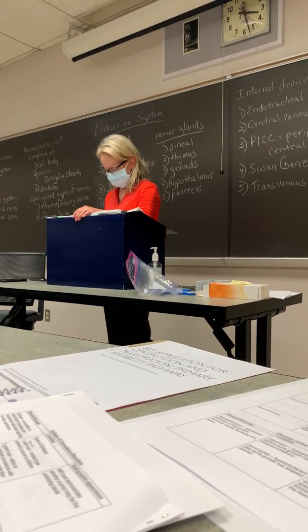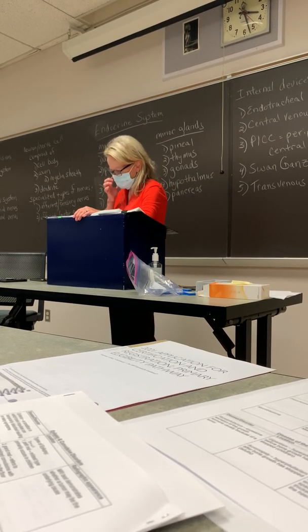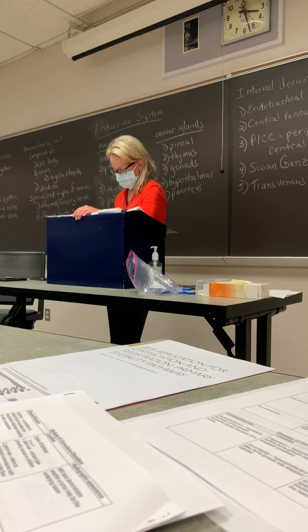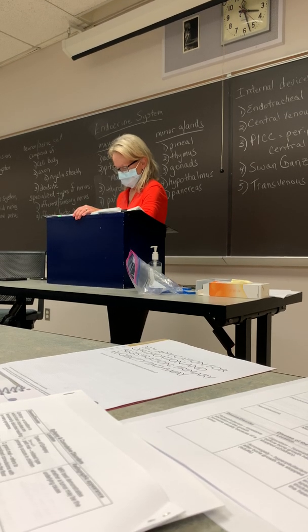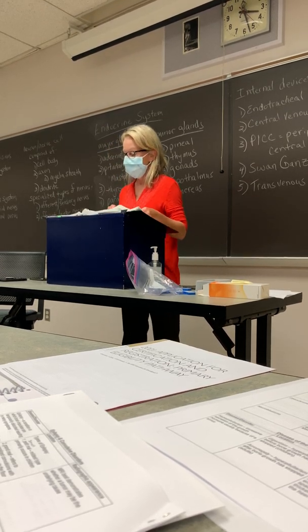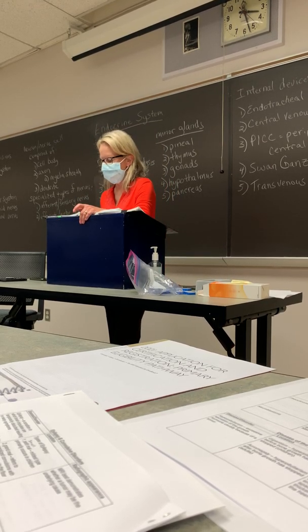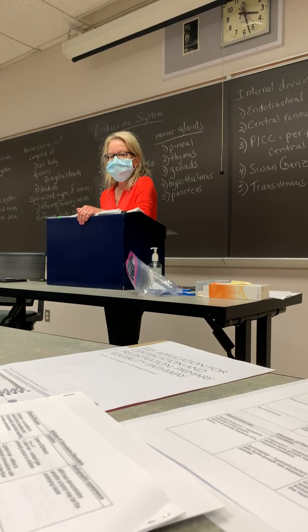Okay, the next one is Huntington's disease. Know that this is an inherited condition, usually involves men. Okay, that's it for that. Parkinson's disease is the next one. This is a progressive degenerative disease within the nerve cells of the brain.